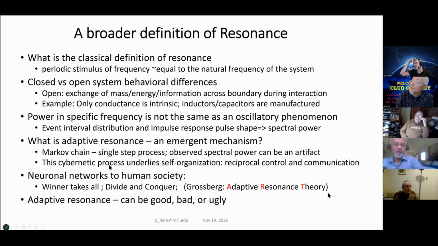But I don't want to restrict it to just the society level. I'm saying that it is intrinsic to all natural phenomena that we are seeing. Any kind of open system is capable of exhibiting what we call the adaptive resonance.